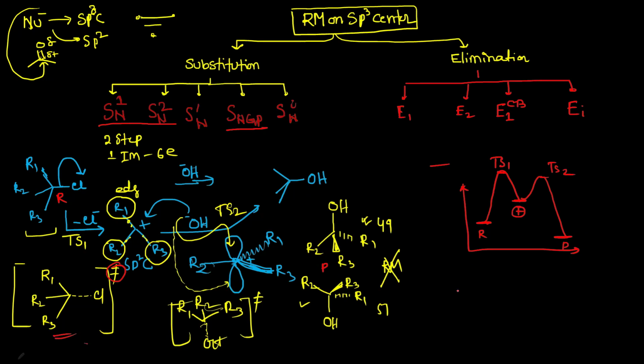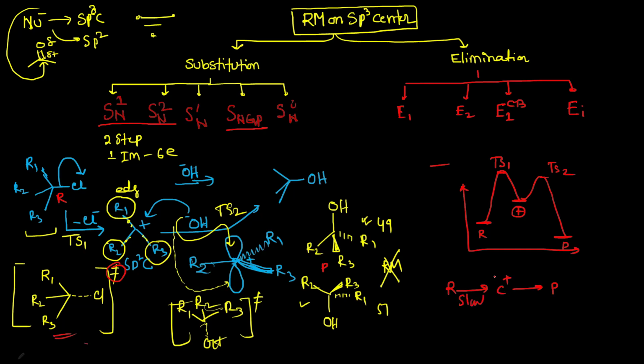Why? Suppose my reactant to carbocation to product, which step is faster? If I say reactant to carbocation, that means a neutral molecule to a charged species. It will not be favored, right? Nobody will want to generate a charge on it. So this step is slow.